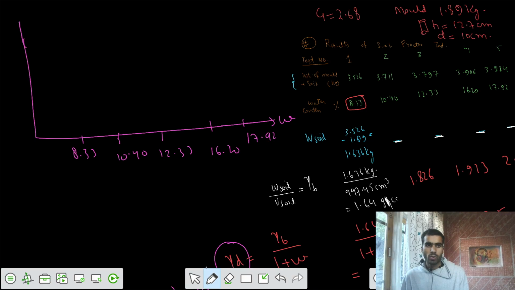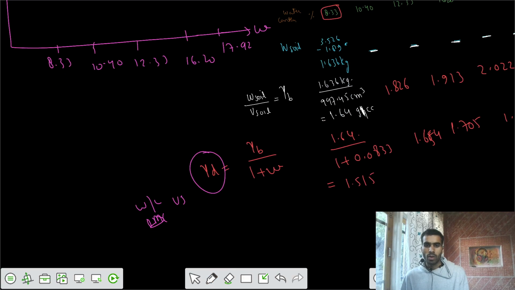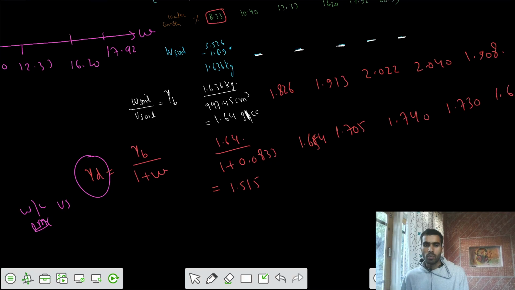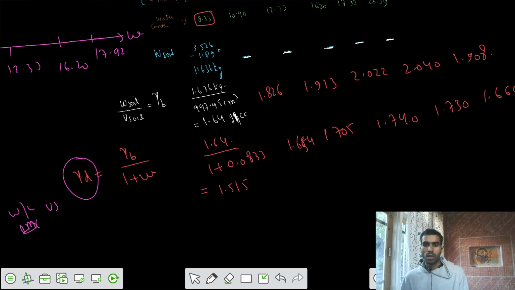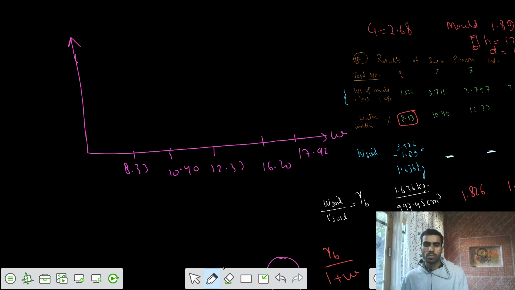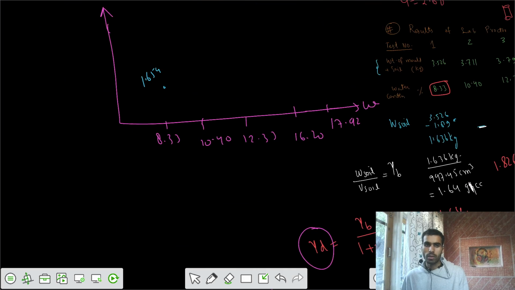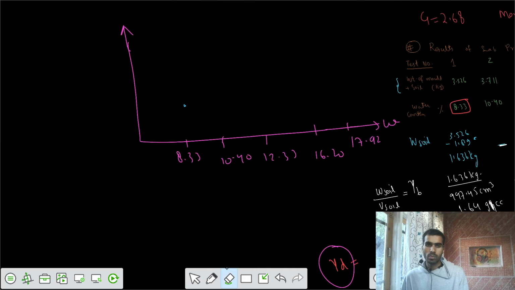For those we are getting some curve in this way, with points 1.654, 1.705, 1.740. Let's say this is your 1.515.